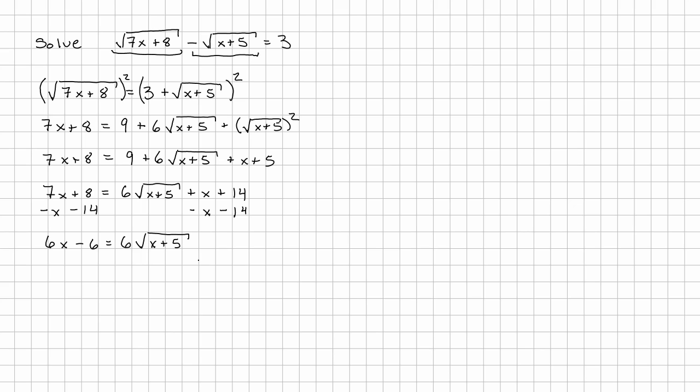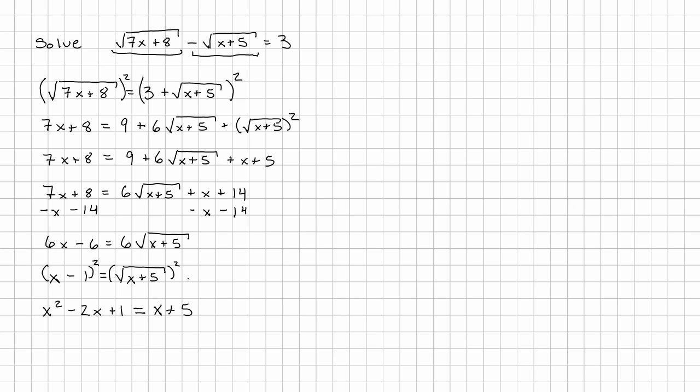It's pretty easy to see that 6 is a factor of both terms on the left, so I'm going to go ahead and divide both sides by 6. x minus 1 equals root x plus 5. Now I've isolated my second radical. I get to square both sides. x squared minus 2x plus 1 equals, the square root and the square cancel out, x plus 5.